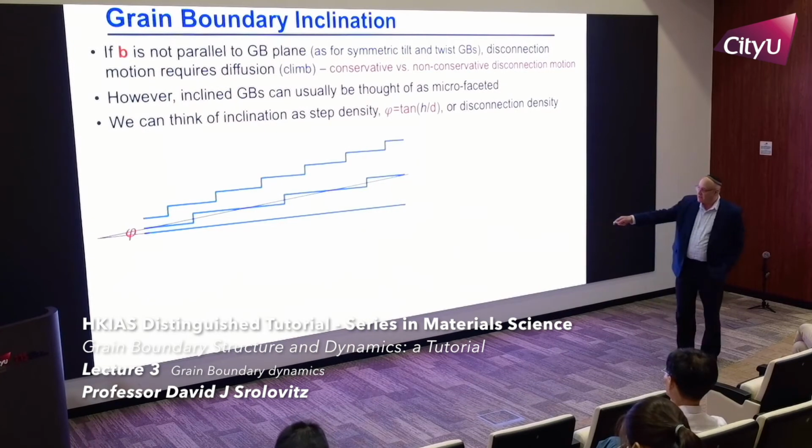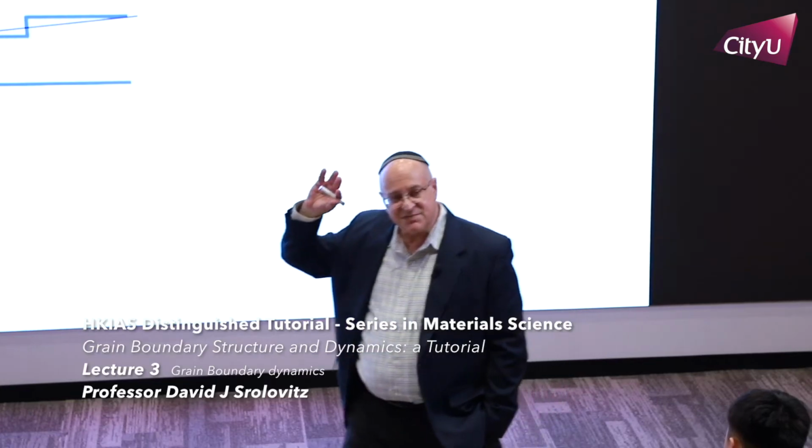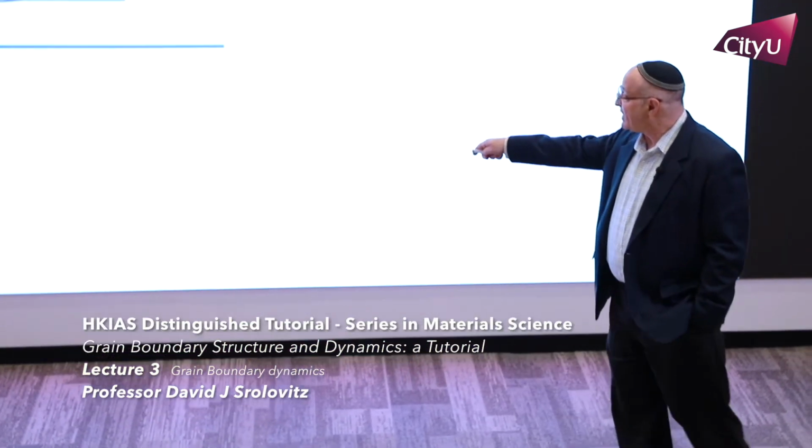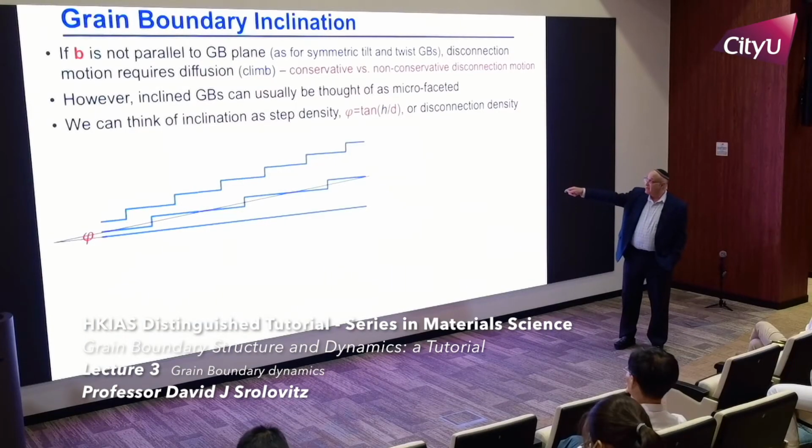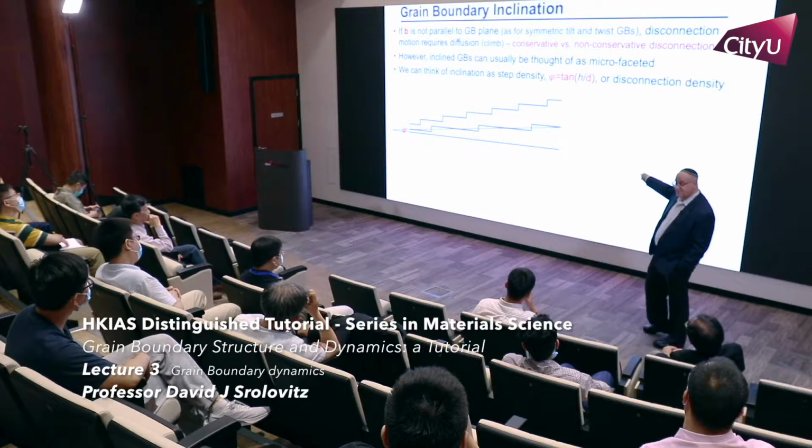But you can see that when I change the inclination, I'm necessarily putting in a specific constant density of disconnections. And if I tell you what the angle is compared to the symmetric orientation, then that angle is related to the step height and the spacing between them, d.